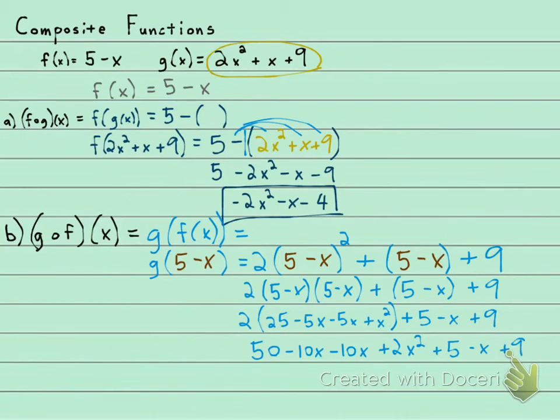Let's put them together. Like terms, let's look for x squared. All I see is 2x squared, so I'm going to put that out in front. Let's look for x's: minus 10x, minus 10x, minus 1x. So negative 20 minus 1 is negative 21x.